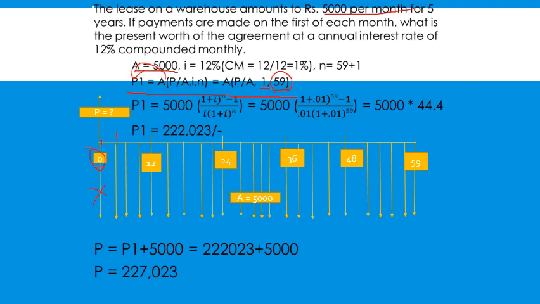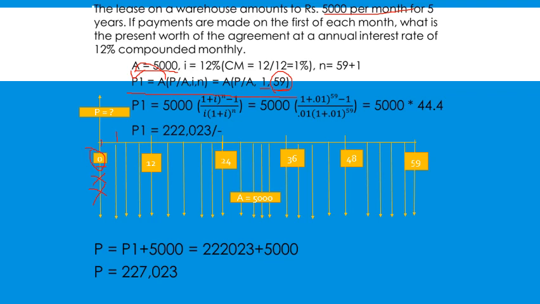That means the cash flow on the 0th month is not considered. If I do not consider the cash flow in the 0th month, how many cash flows will remain? 59 cash flows will remain, and hence n is equal to 59. Remaining things I have explained many a time. Substitute the values, use the formula, and you will get the amount as 222023.